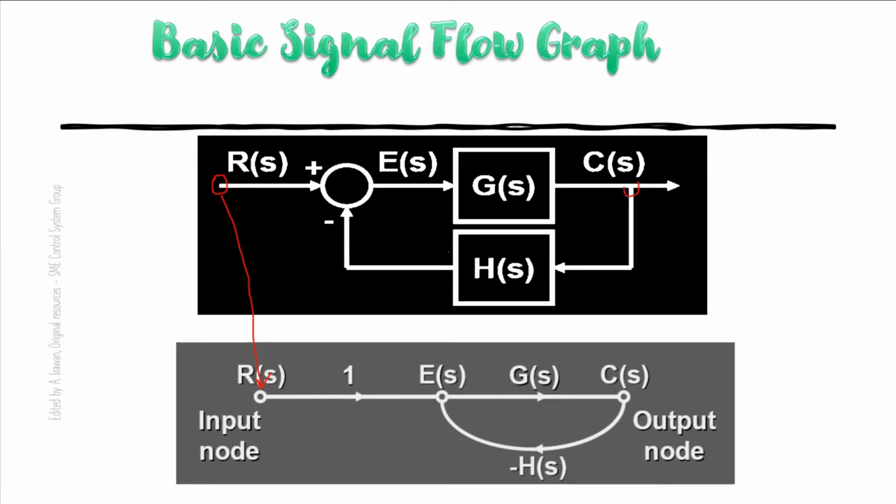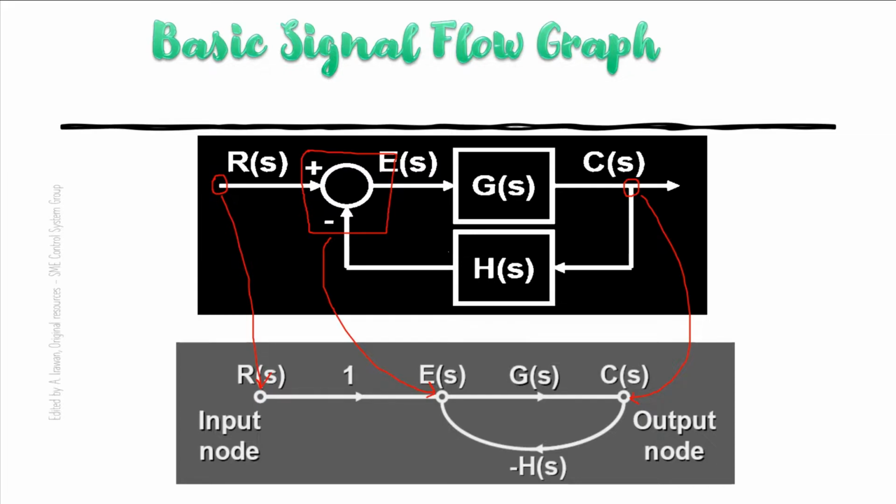If you remember, this one is a pick-off point between the output and the feedback block, and this one is a summation junction, which we also represent as a node. This pick-off point we also represent as a node here.